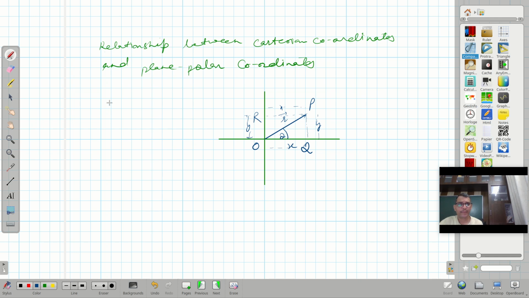Actually, this side is adjacent to angle theta, because this is a right angle triangle. In a right angle triangle we have to remember a few things. I am starting from the very basics. Say this is my right angle triangle, and this is the angle of reference.